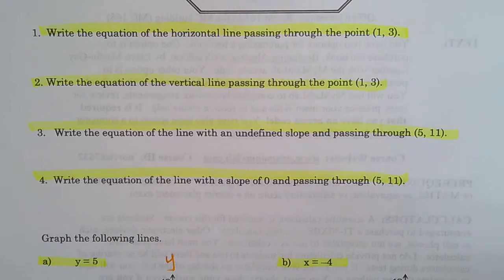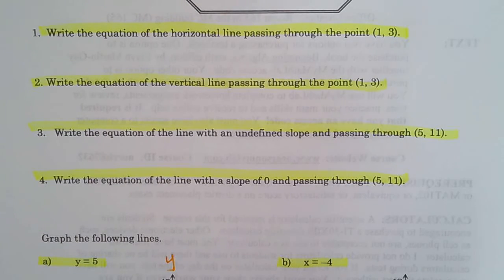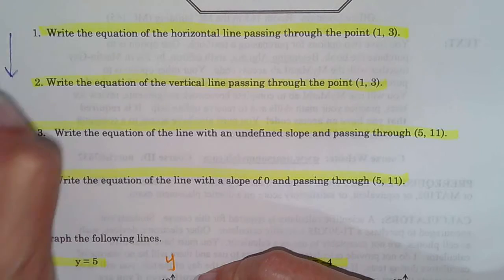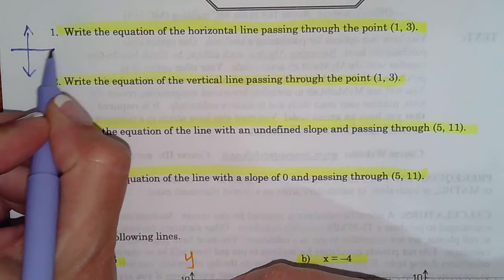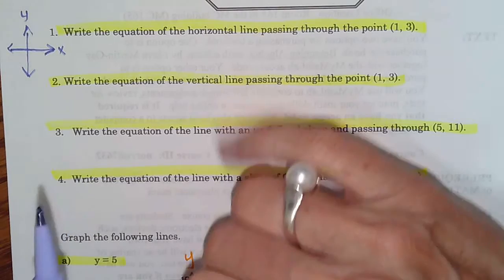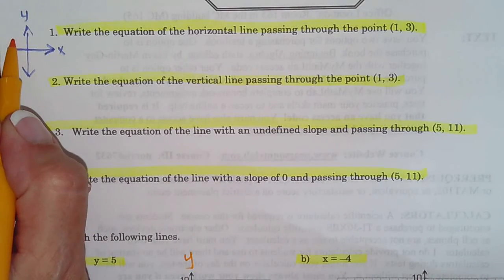So we have, write the equation. Remember that means it has an equal sign, of a horizontal line. So I draw the axes, and I go, if it's a horizontal line, then it only goes through the y-axis.